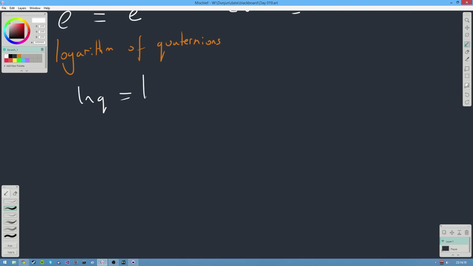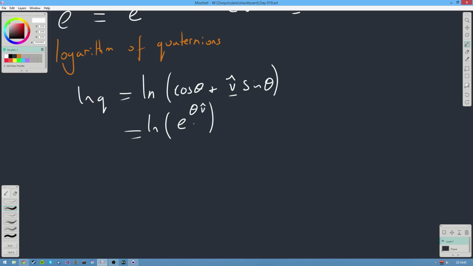So the log, I'm just writing ln for the natural log, of cosine theta plus v hat sine theta, which is expressed as the nice exponential we figured out, e to the theta v hat. So what we have here is theta v hat, which is just the angle.